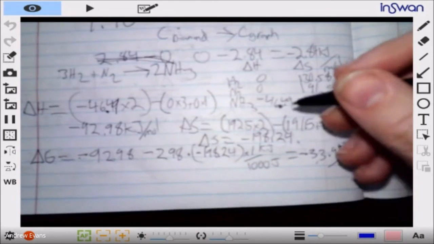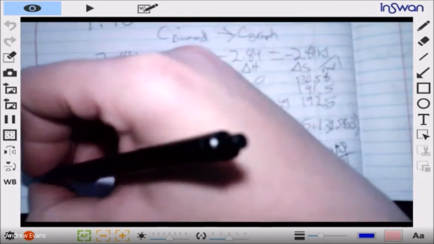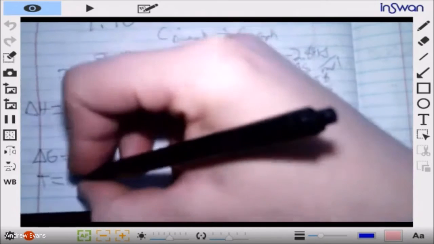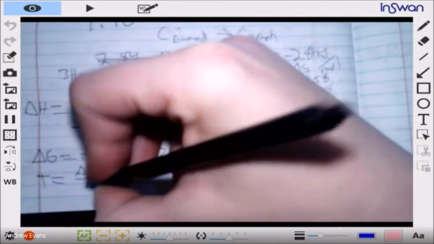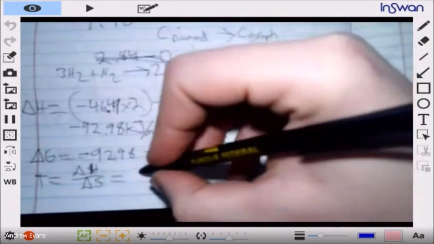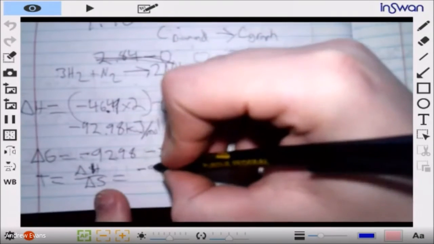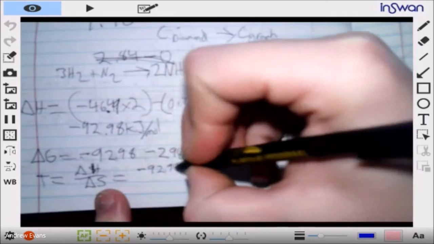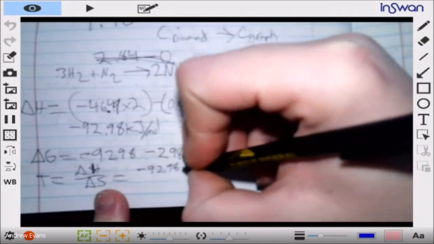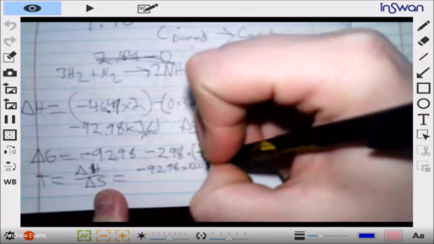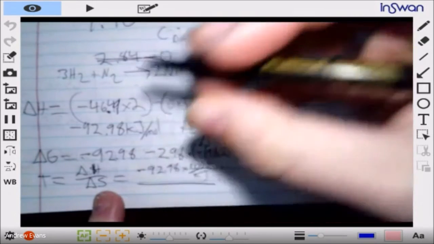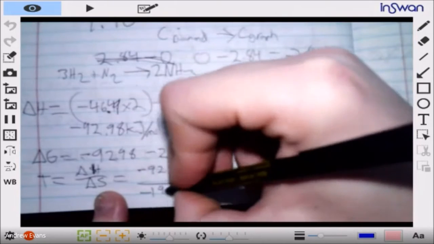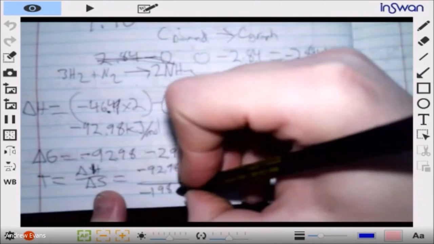What temperature would it cease to be spontaneous? Well, the temperature in that case would be, remember, delta H over delta S. So we're going to say negative 92.98 times 1,000 joules per kilojoule, all divided by negative 198.24.